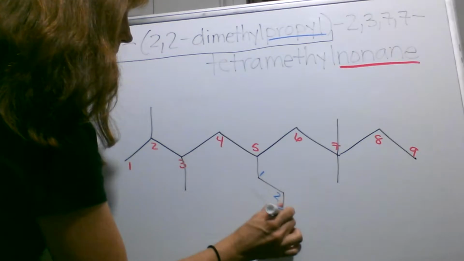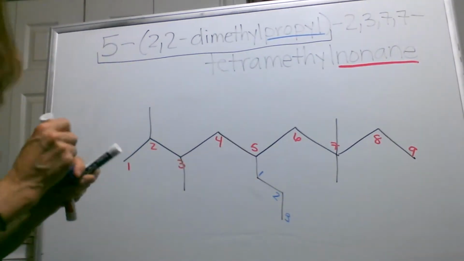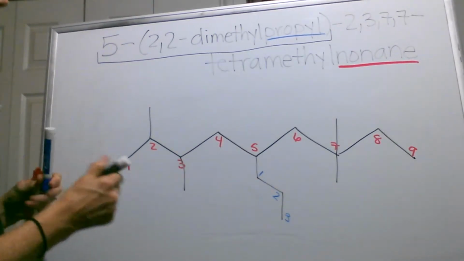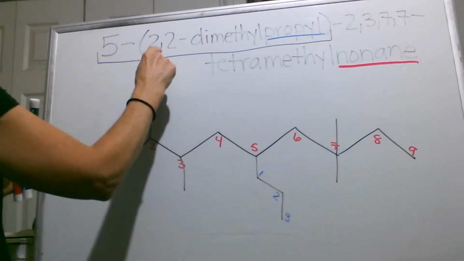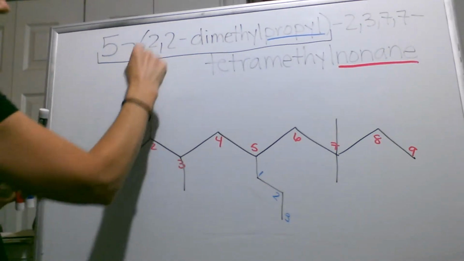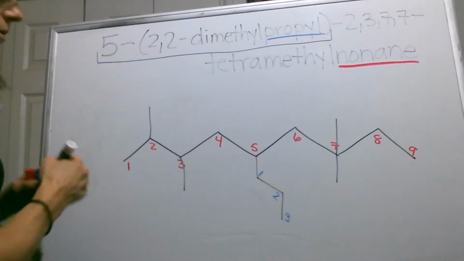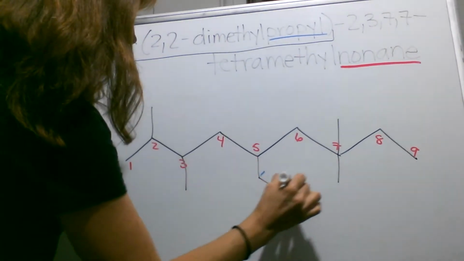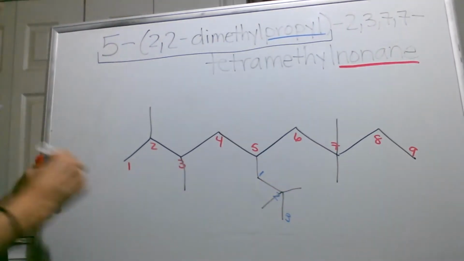So that way we know where the branches of the branch happen to fall. So there's our propyl group. We have 3 carbons. On carbon 2 of the branch and on carbon 2 of the branch, we have methyl groups. So we have a methyl and a methyl. There you go.